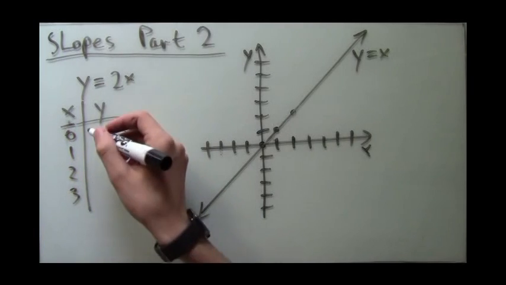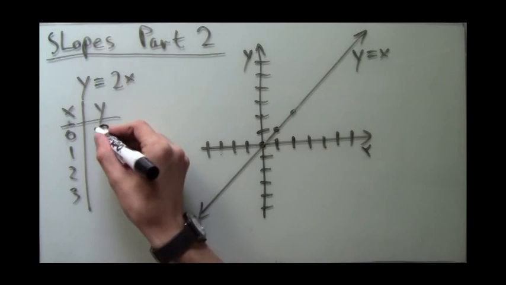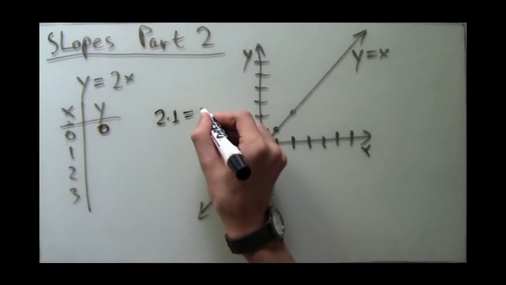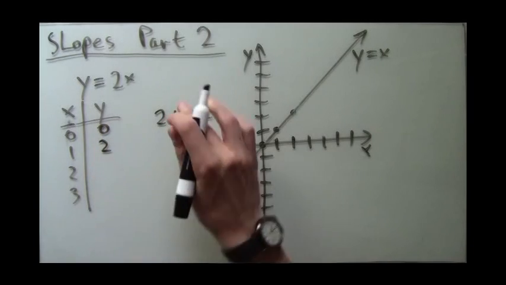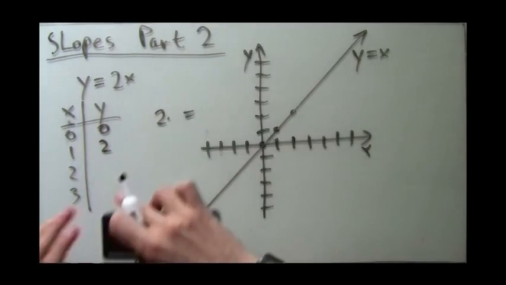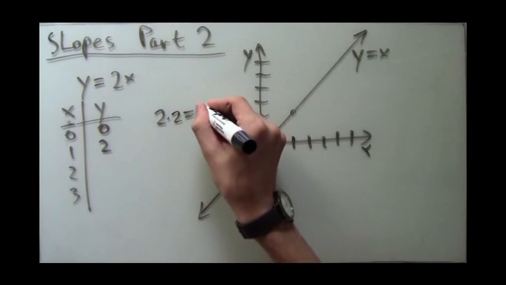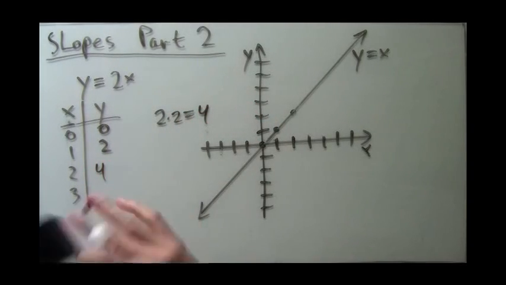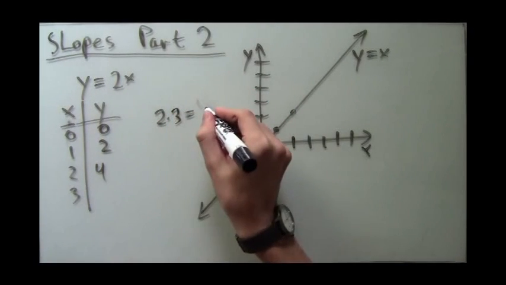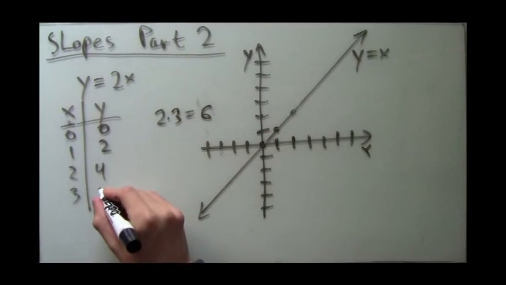If x equals 0, then 2 times 0 is just 0, so y equals 0. If x equals 1, 2 times 1 is 2. If x equals 2, 2 times 2 is 4. And if x equals 3, then 2 times 3 is 6. So here we have our table.